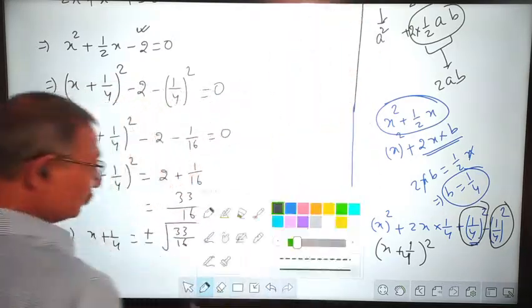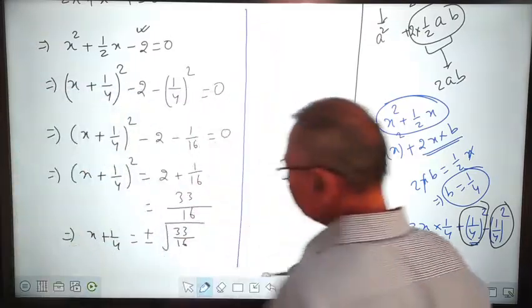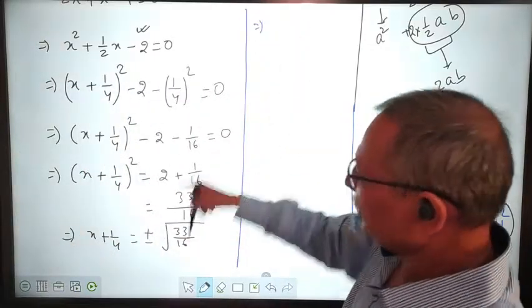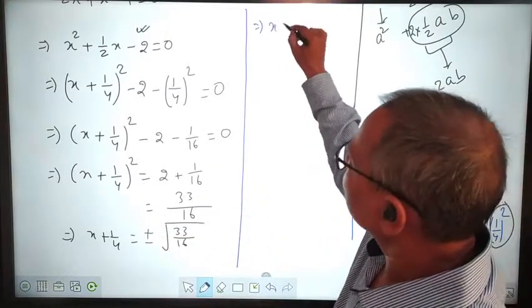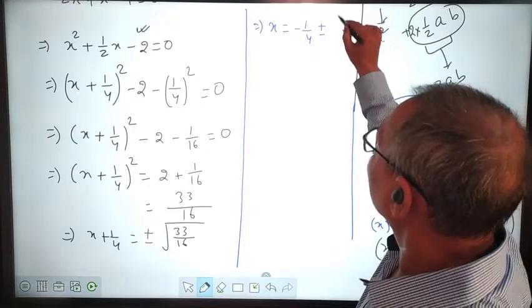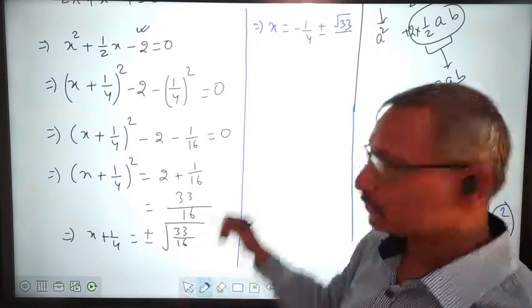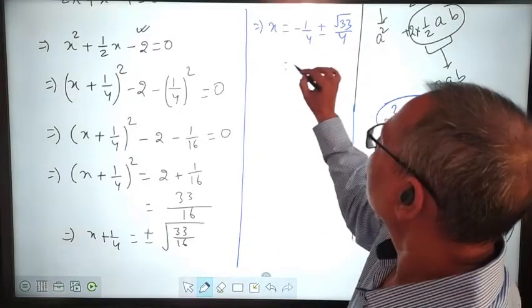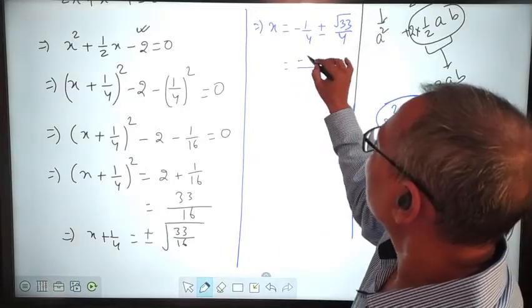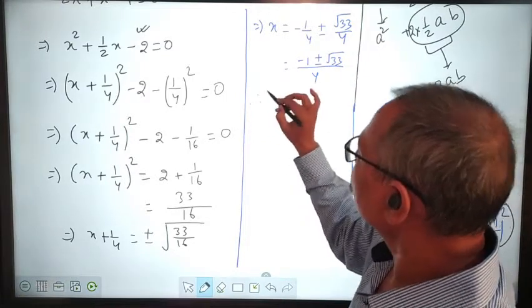I am using the same sheet to conclude this one. So from here we can write x is equal to minus 1 by 4 plus minus root under 33 divided by 16, which is a perfect square, so 4, and finally x is equal to minus 1 plus minus root under 33, divided by 4, and this is the solution.